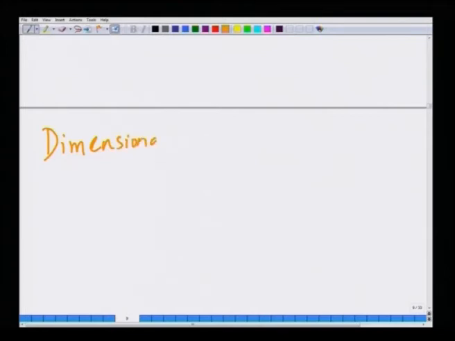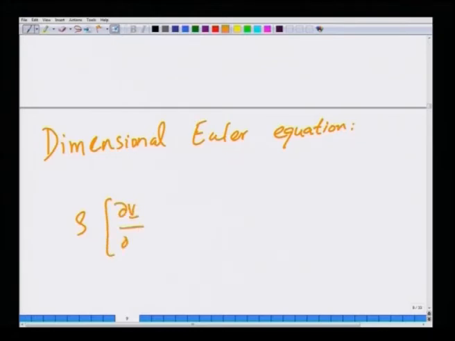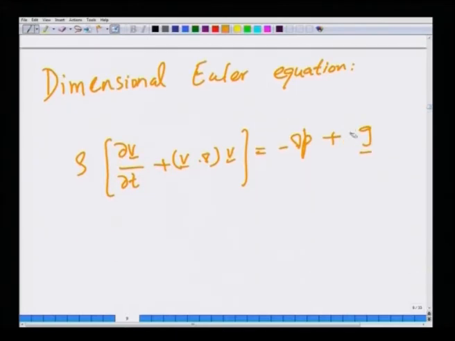So, we will write down the dimensional Euler equation, which is nothing but rho times DV/Dt equals minus del P, and if you have body forces, plus rho g. Now, I want to further simplify or rewrite this equation, and for that we have the continuity equation, or the mass conservation equation, for an incompressible fluid, which is that the divergence of the velocity vector is 0.